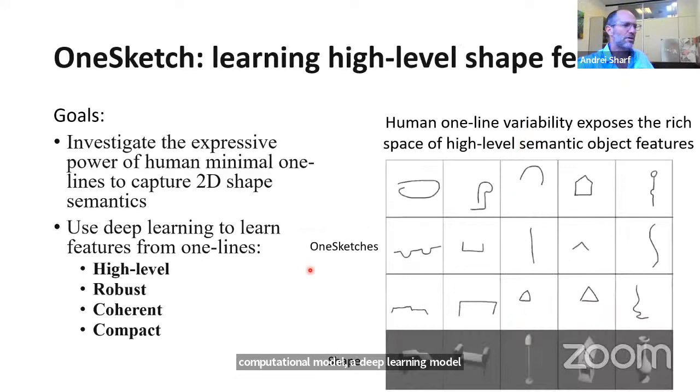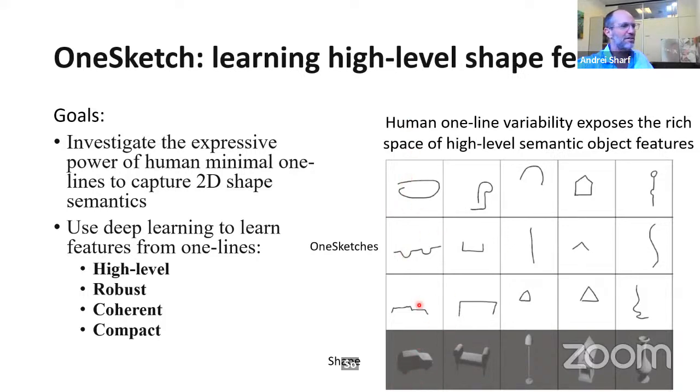Okay. So what we try to do is to look at how people draw one-line sketches quickly and very compactly. The idea is to have some shapes, as you can see here, and to look at their high-level compact representation made by humans, and try to learn what's going on here. Learning these representations is quite challenging. It has to be coherent. Humans many times draw one shape very differently.